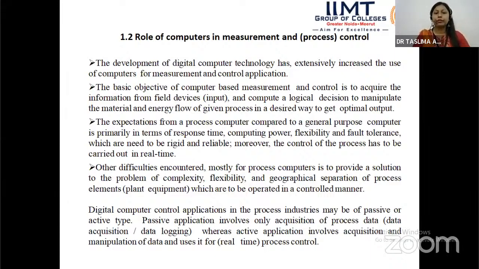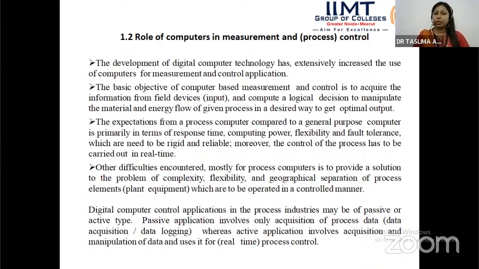Now you see the different points of the role of computers in measurement and process control. The first one is that the development of digital computer technology has increasingly been used for measurement and control applications.